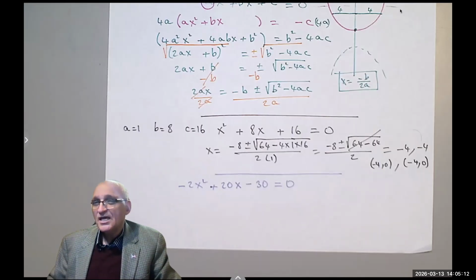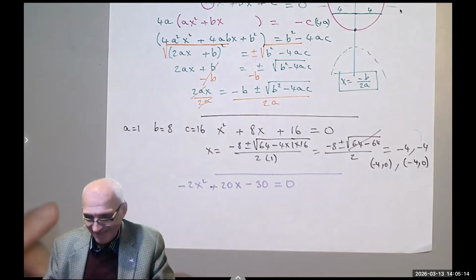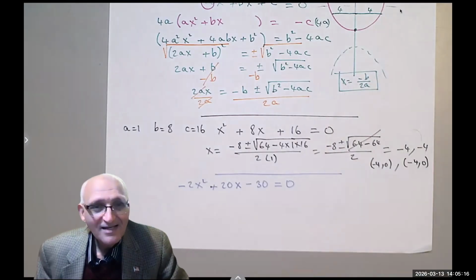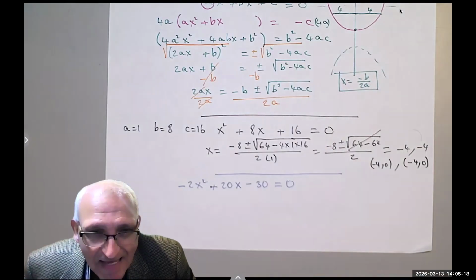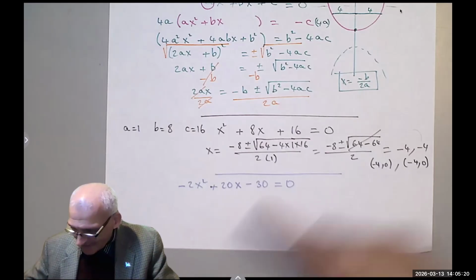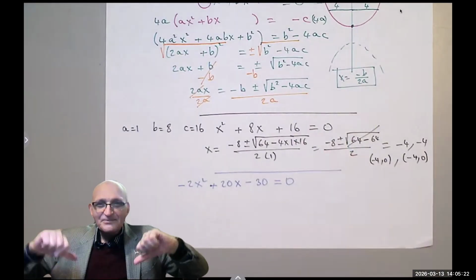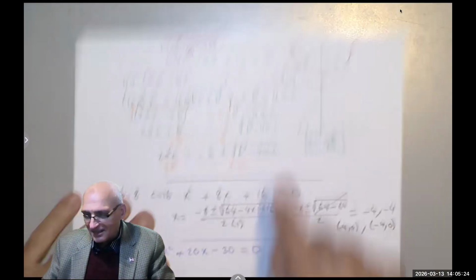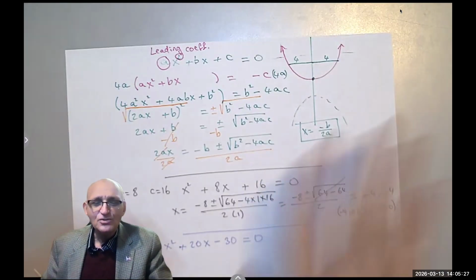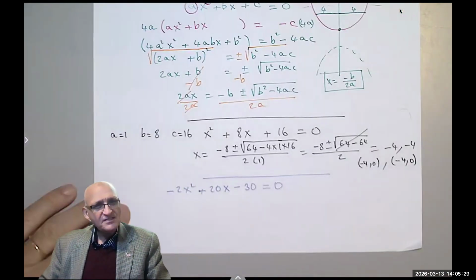Someone else would say, oh, I caught you, Mohammed. If I divide by negative 2, that parabola would be opening up, not down. And you kept telling us that if it's above or below, wouldn't that change things?